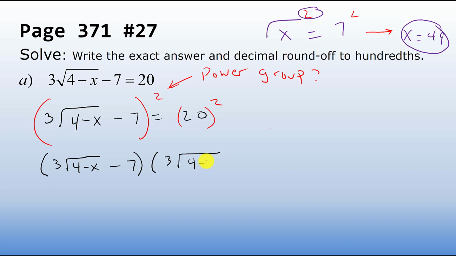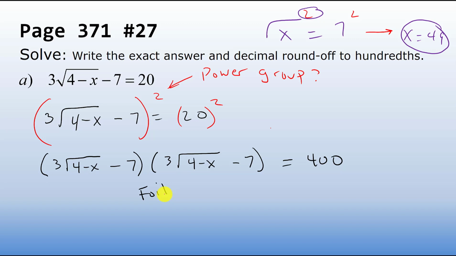But wait a minute. The whole point of algebra is to try to make the equation simpler. Is this working? No way. If I FOIL this, this looks like a huge mess algebraically. No, there's something wrong here.